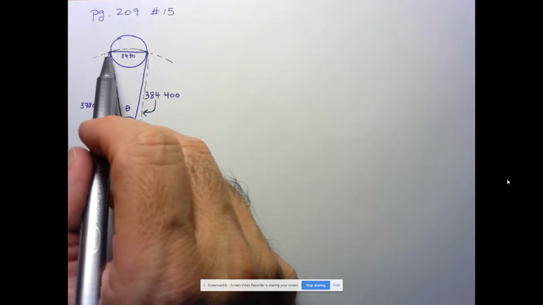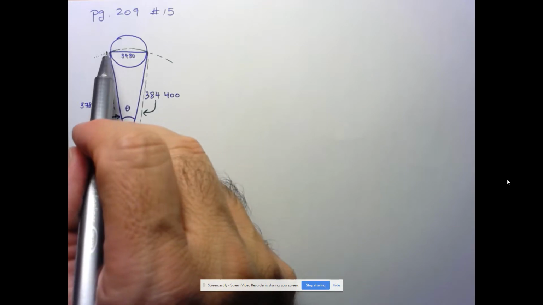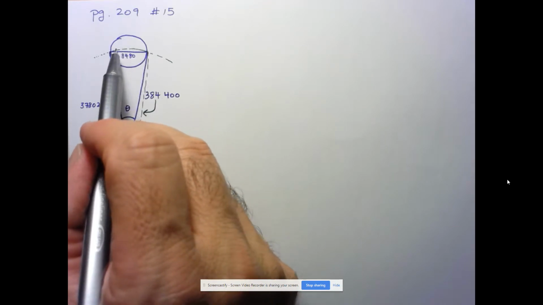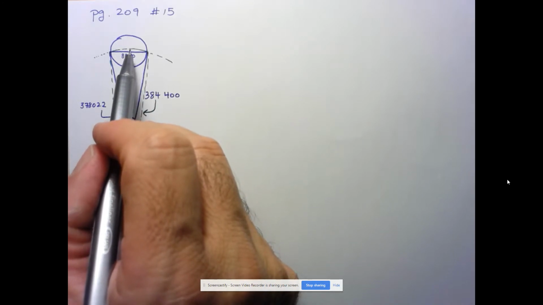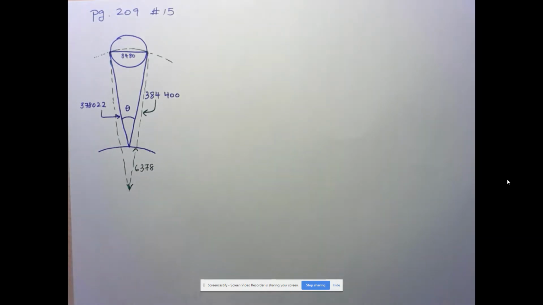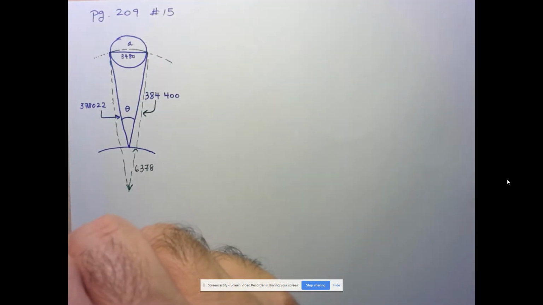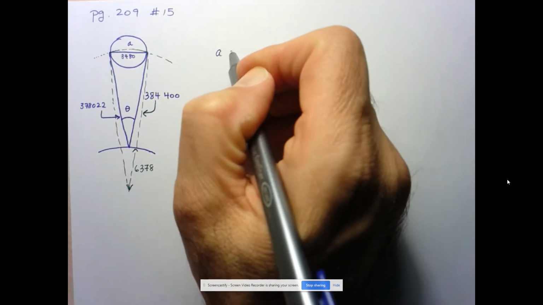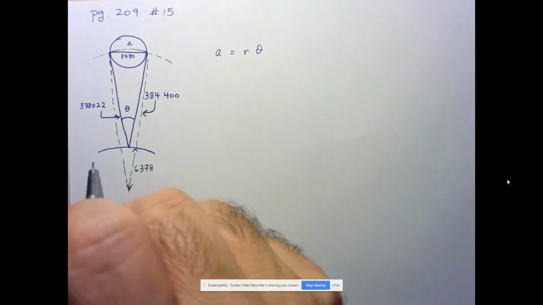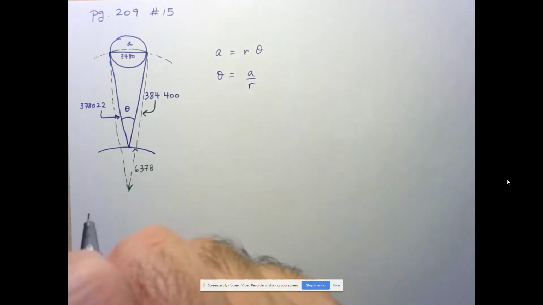So technically, the diameter is a straight line, and the arc in the arc length formula is this curved piece of a circle, okay? But because the moon is so far away, these two things really are going to be very close to each other. So that's why we can use it as a good approximation. All right. So if I want to find this arc length, which is going to be approximated by the diameter of the moon, I know that the arc length, A, is equal to r theta. And in this case, I'm looking for theta. So theta is equal to A over r.